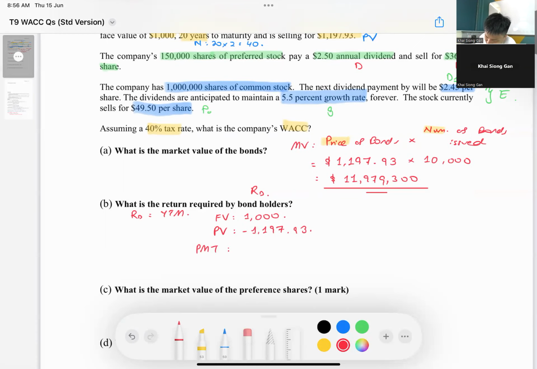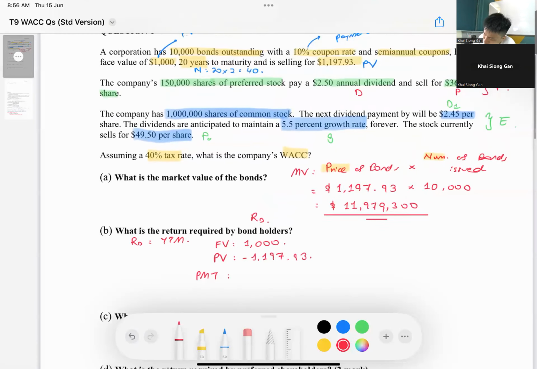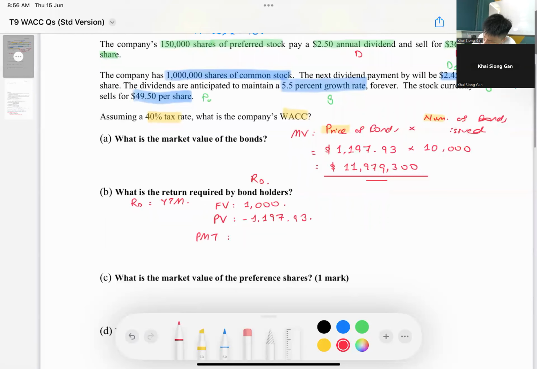Okay, I need to divide first, because this is 10%, right? I need to divide this 10% by 2 times 1,000, because the face value of the bond is always 1,000. I want to see how much coupon payment I receive every period.